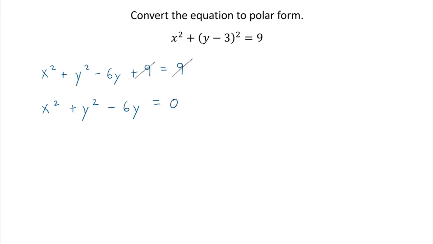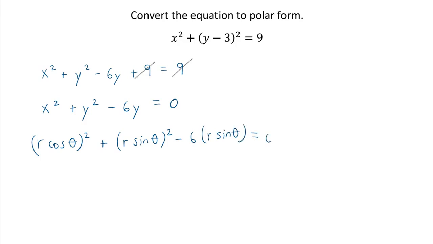Now I'm going to go ahead and do my substitution. X squared is the same thing as r cos theta squared plus y squared is the same thing as r sine theta squared minus 6 times y is times r sine theta.